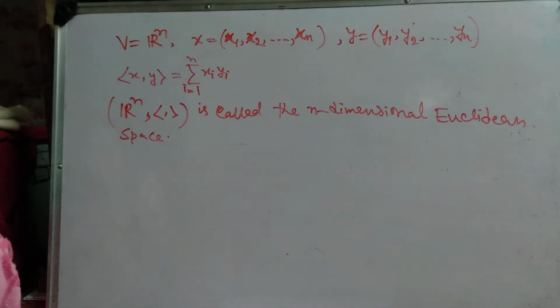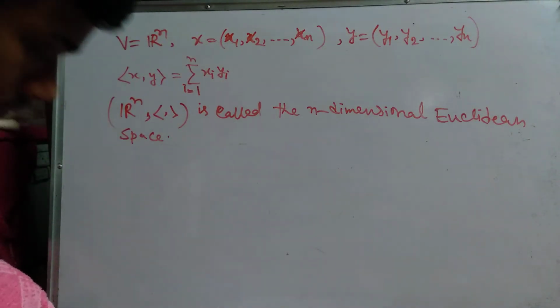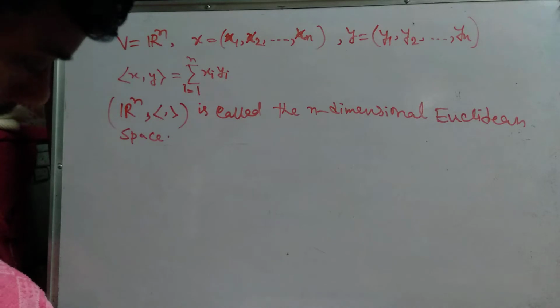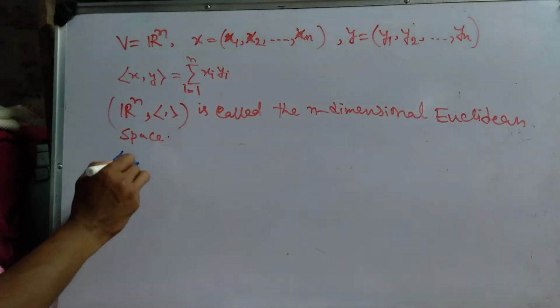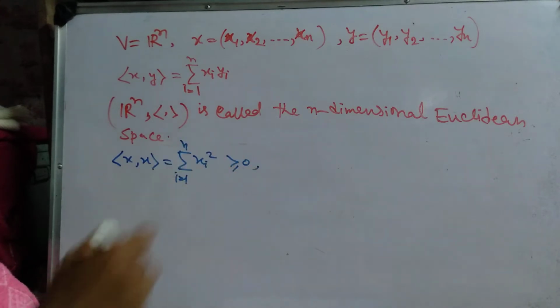If we check this one, then all properties are satisfied. x inner product x: summation i equal to 1 to n of xi square is obviously greater than or equal to 0.